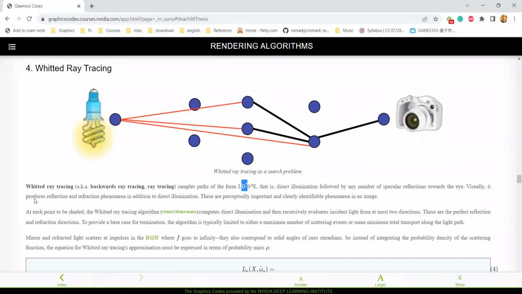Visually, it produces reflection and refraction phenomena in addition to direct illumination. These are perceptually important and clearly identifiable phenomena of the image.